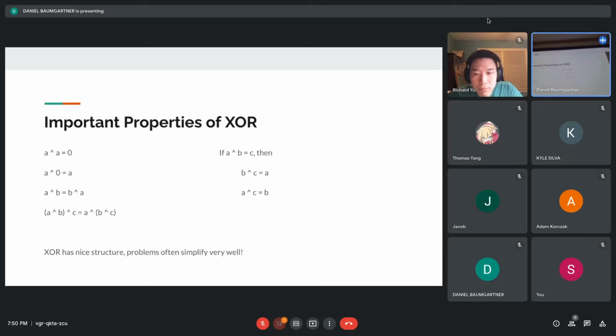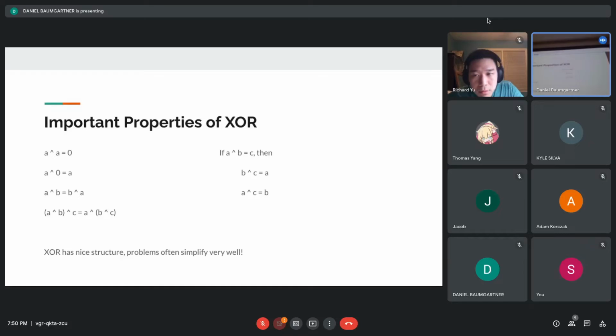The next one is that XOR is commutative. That again follows from the truth table directly. And the last one is associativity, so it doesn't matter in which order you take your XOR. This structure is quite useful in most problems that involve XOR. Actually, it's necessary for them.